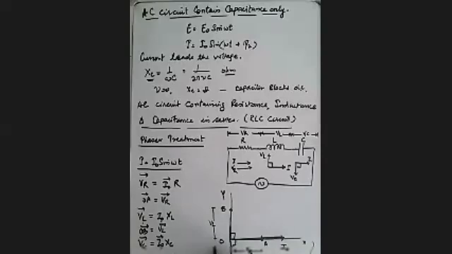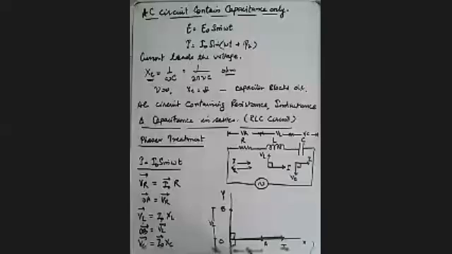Let us say this is the value of VC. So this much is VL and this much is VC. VC is lagging, VL is leading.